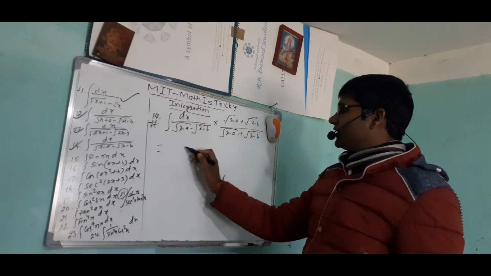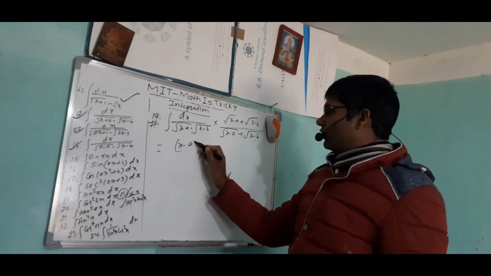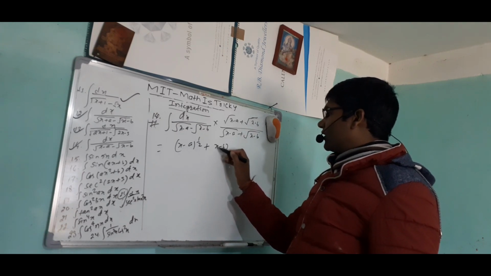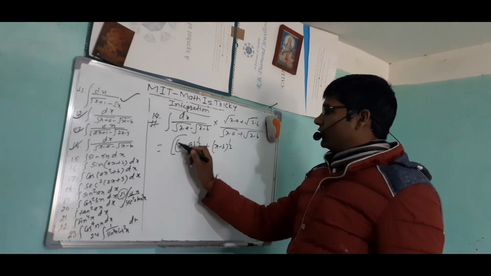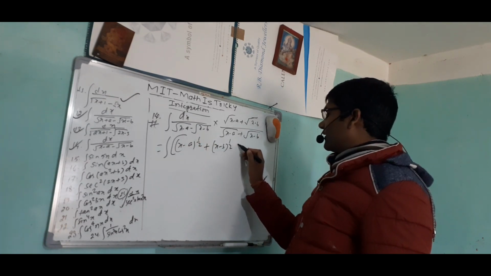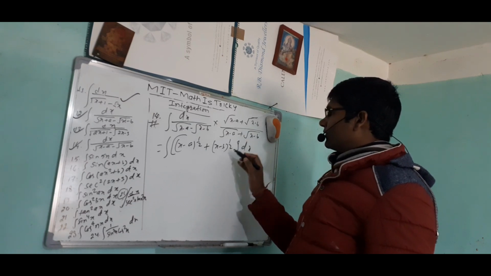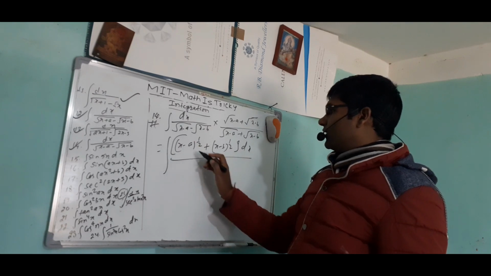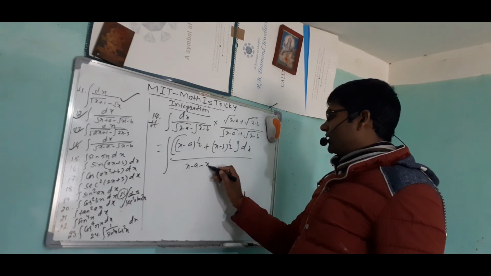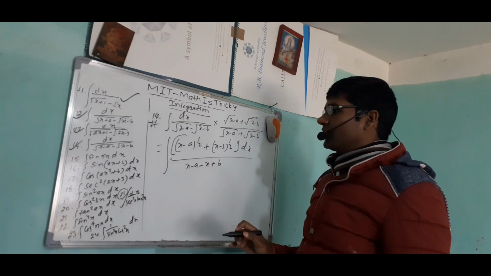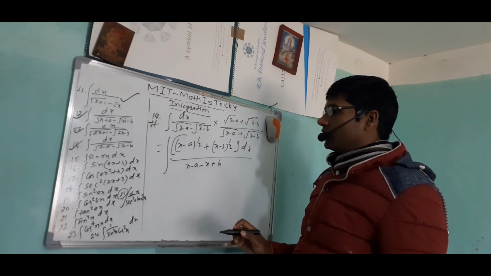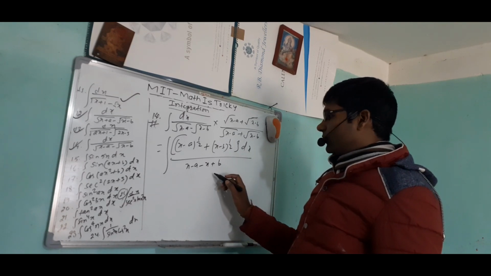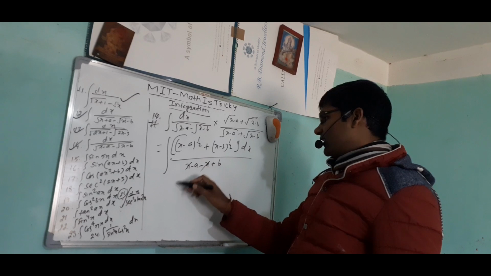So we are getting x minus a whole power 1 by 2 plus x minus b whole power 1 by 2 in numerator, and the denominator will be simply x minus a minus x plus b.